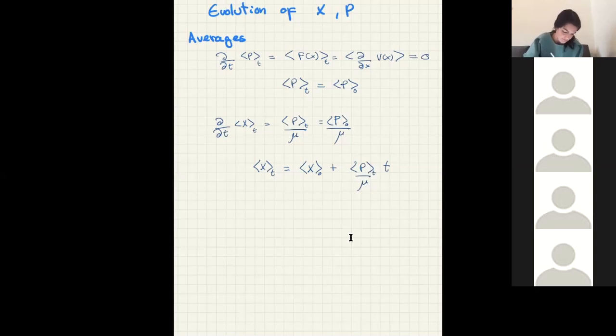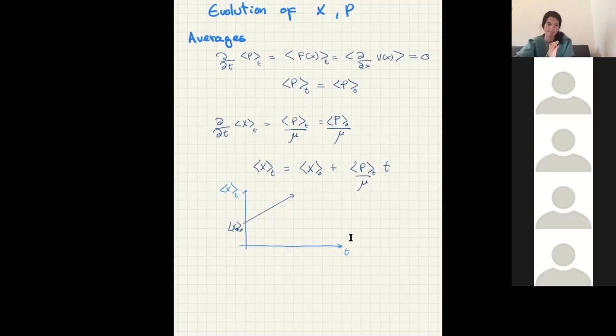Which, again, still makes sense with classical intuitions. If something is moving linearly with some momentum, then here's the x0, and the average position will also move linearly.